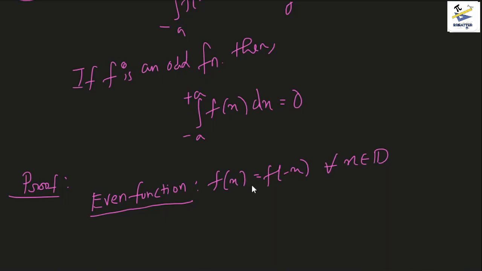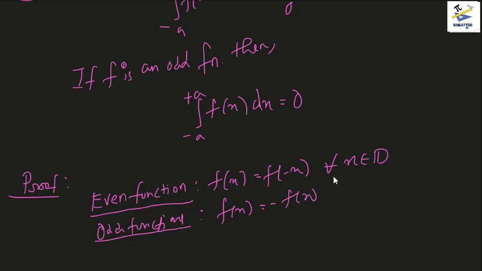An even function means that f of x would be equal to f of minus x for all x belonging to the domain of f, where f is a function from the domain to real numbers, let's say. And for odd functions, like this.